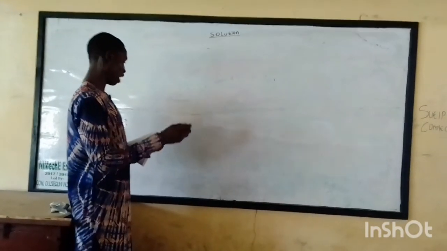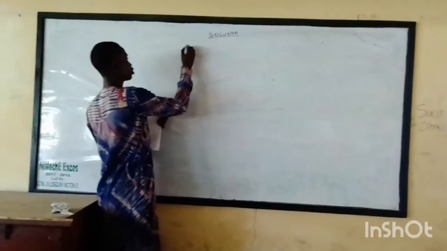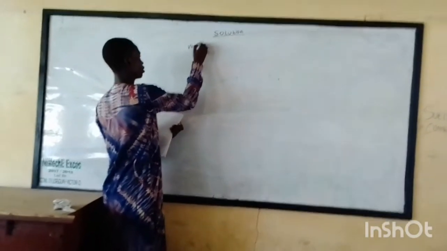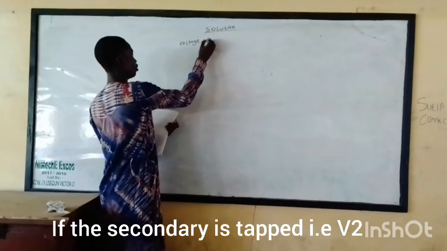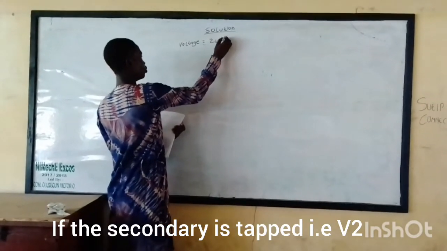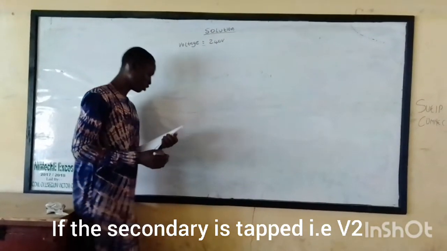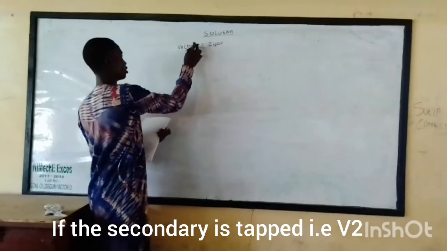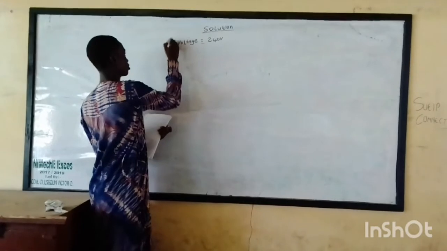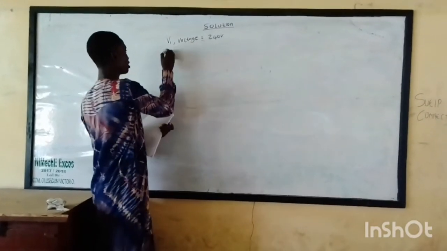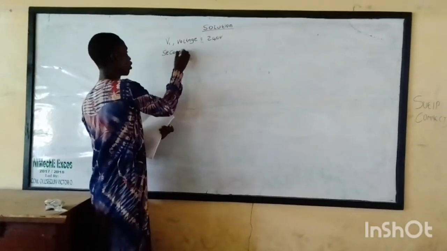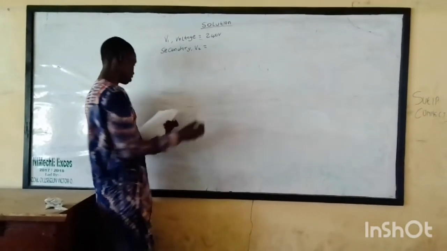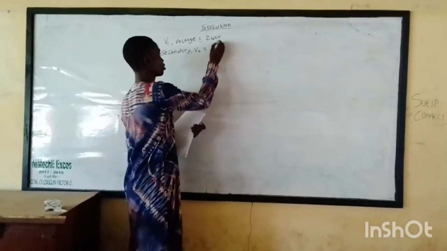So now, an autotransformer is supplied at 240 volts. We have the voltage, which is 240 volts. If the secondary is tapped to give 60 volts, that means this is for voltage 1, V1. So the secondary is tapped, so we have V2, and that is 60 volts.